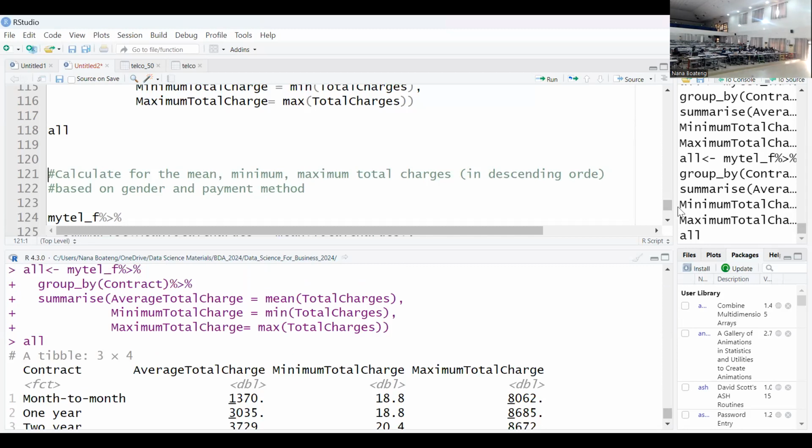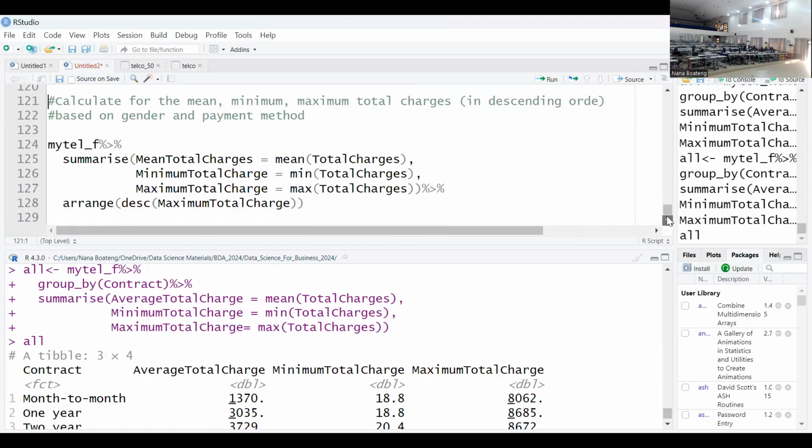Okay, so what we did was that we took, oh, this one is not what we did.